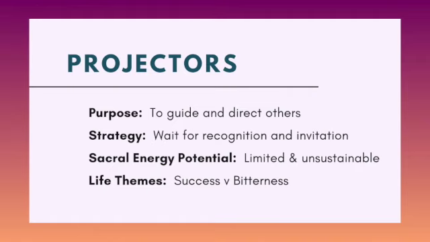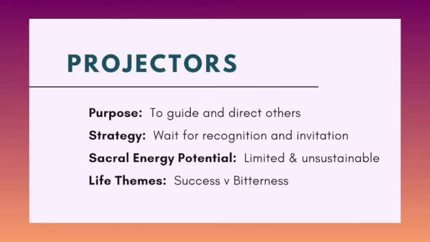And how do we live our best lives? Well, we follow a strategy, which is wait for recognition and invitation. We wait for a generator or manifestor or reflector to find us and to learn about our skills, to learn about who we are, how we feel energetically, and then to invite us to support them.